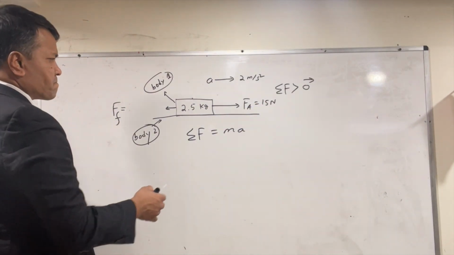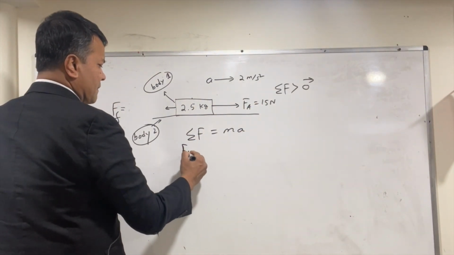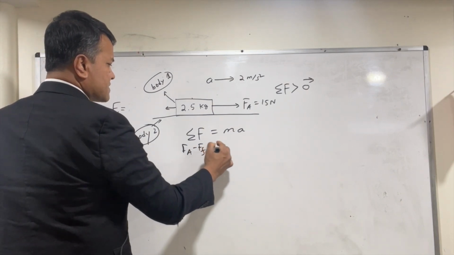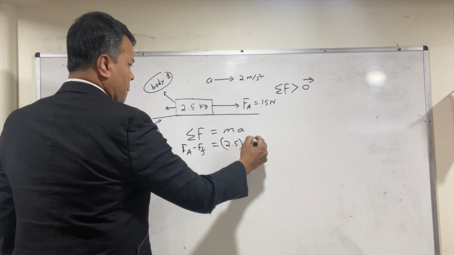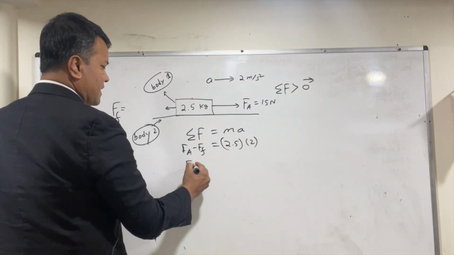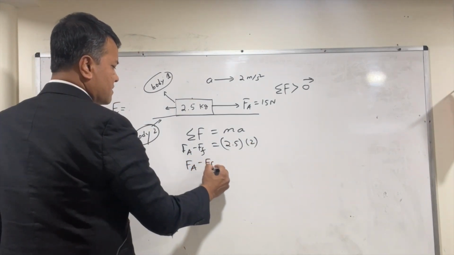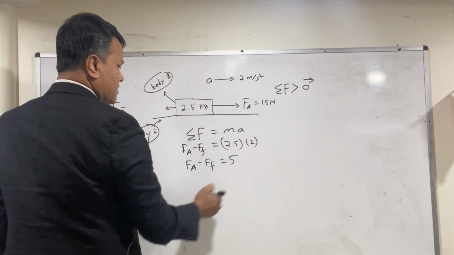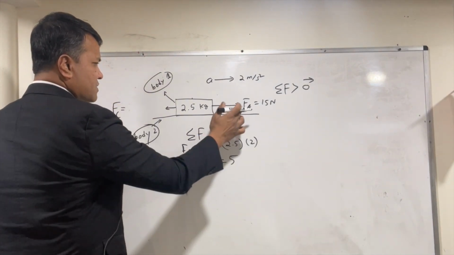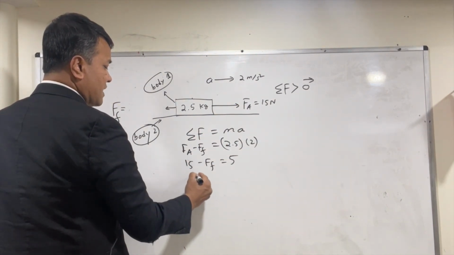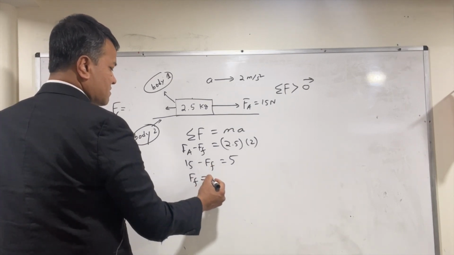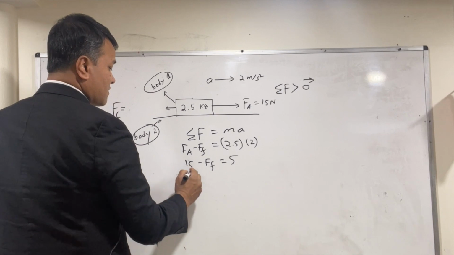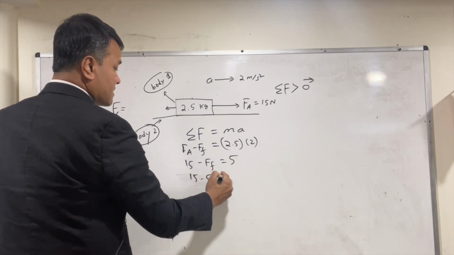Okay. So Fa minus Ff is equal to m a. What is the m? 2.5. And what is a? 2. So you write Fa minus Ff is equal to 5. And Fa, you know how much? 15. So Ff is 10. Or you can bring it over: 15 minus 5 is Ff.